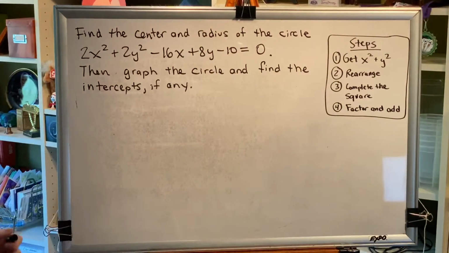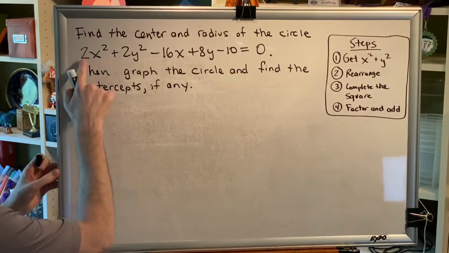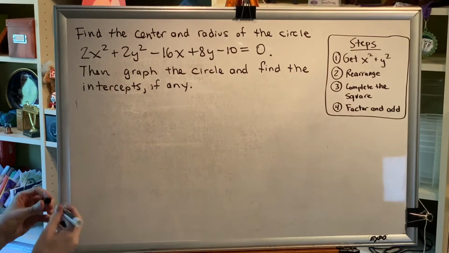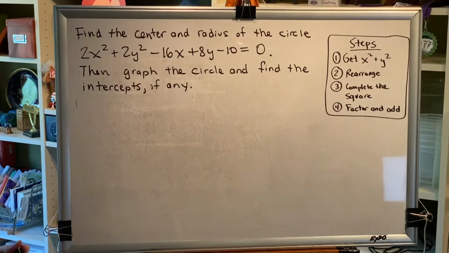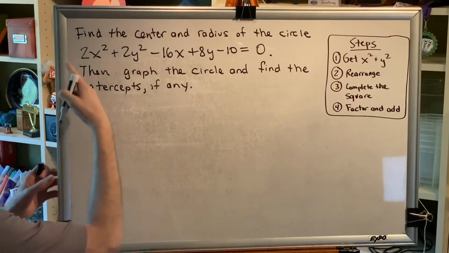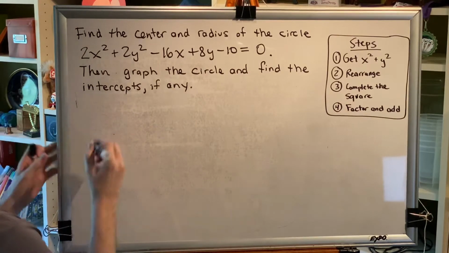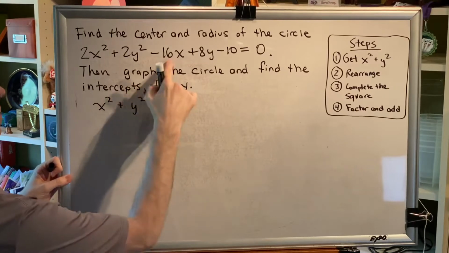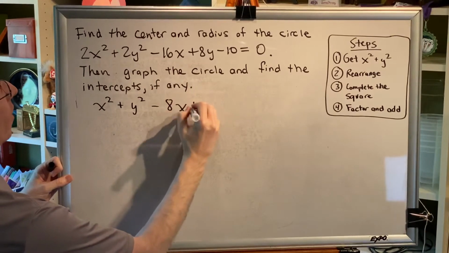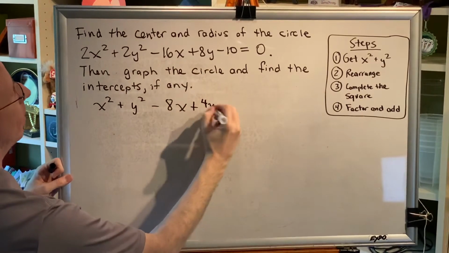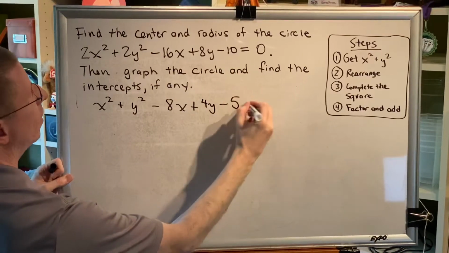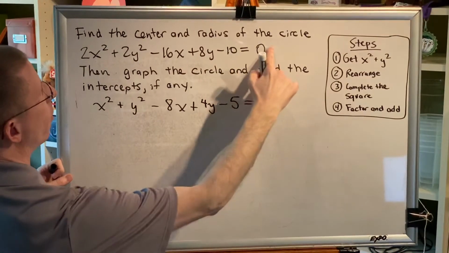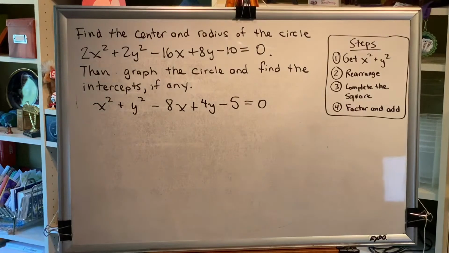Step 1, get x squared plus y squared. Notice that we have 2x squared and 2y squared. So the way we're going to accomplish this is by dividing both sides of the equation by 2. This will have the effect of halving all of the coefficients. So we'll have x squared plus y squared minus 8x plus 4y minus 5 equals 0, because 0 divided by 2 is still 0.